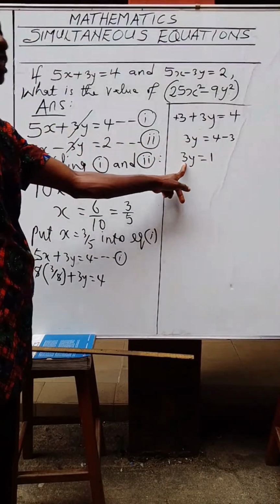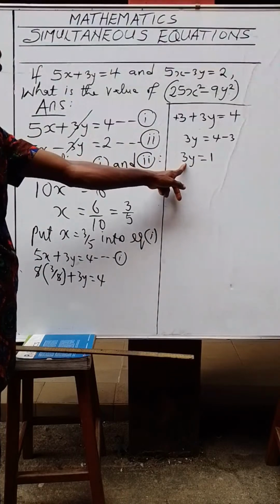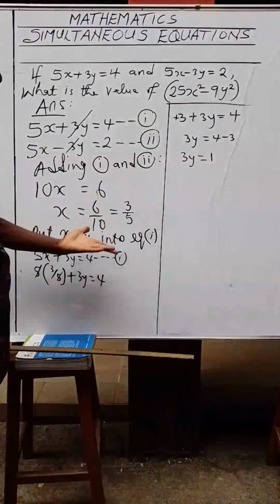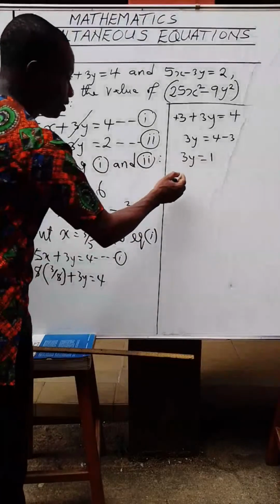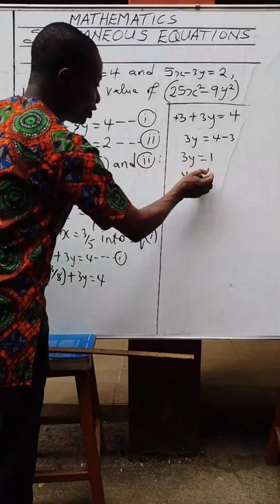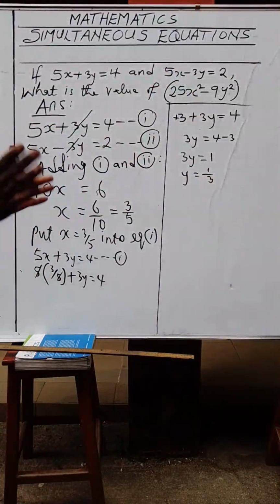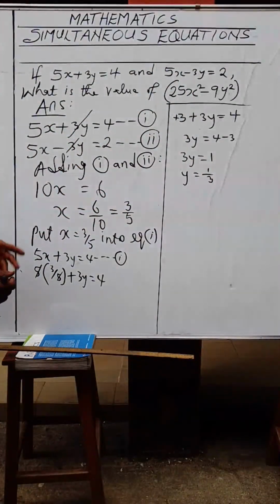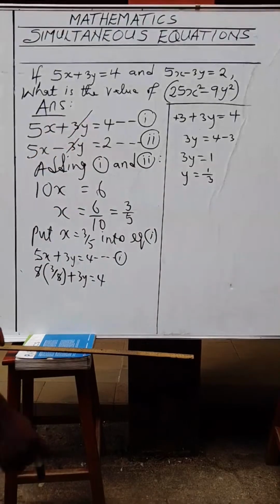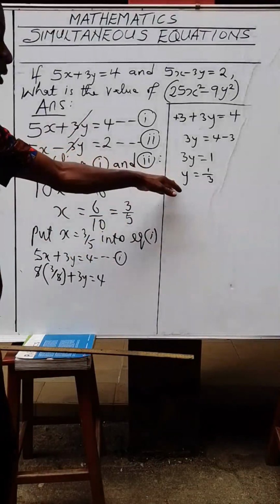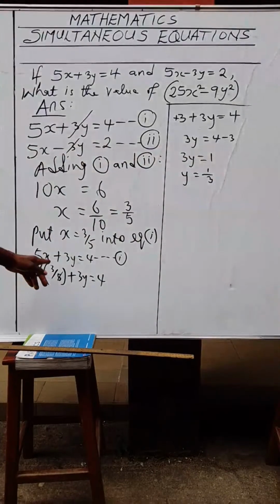Then we can divide both sides by 3 because we want y to be alone. We are looking for y. So this becomes 1 over 3. So clap yourself. That's all. Is that taken? This is quite simple. Once you get this, this is our y and this is our x.